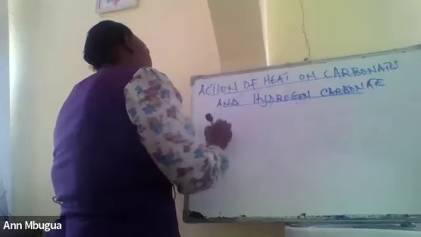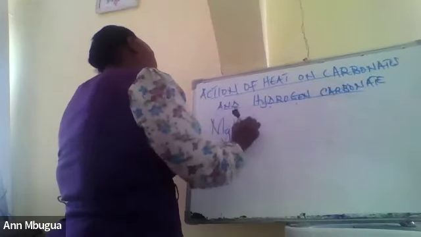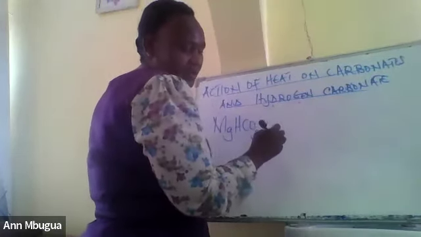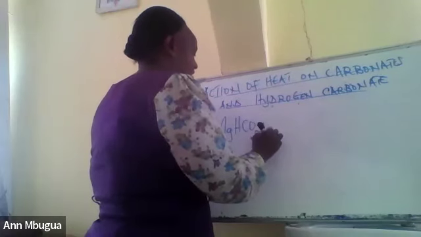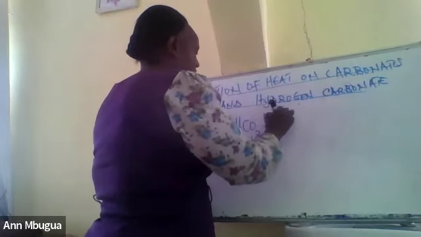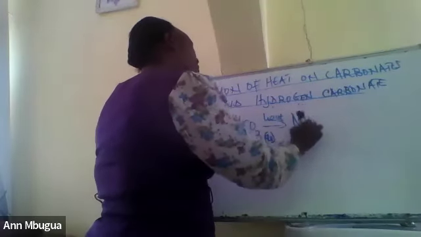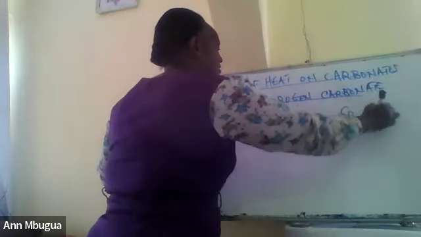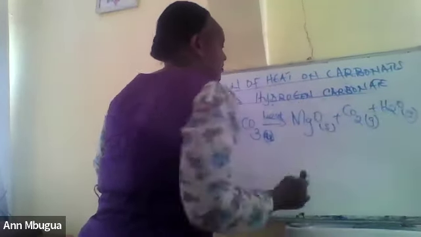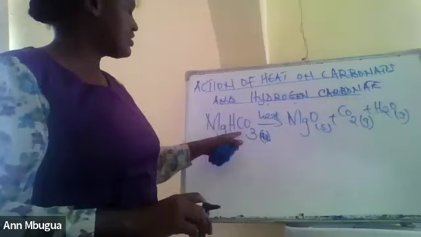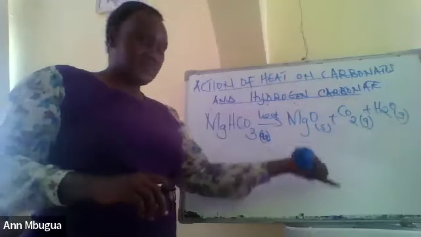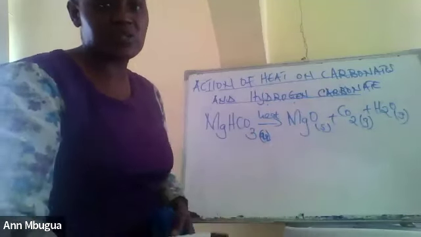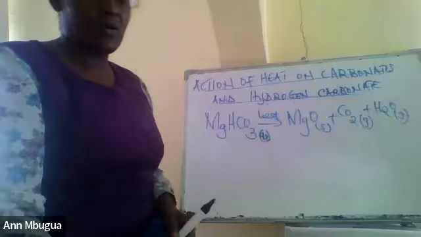So when magnesium hydrogen carbonate in the aqueous form is heated, we will end up with the corresponding metal oxide, the carbon 4 oxide, and the water. Because once this one is converted to the metal carbonate, it's below sodium in the reactivity series. So on further heating, it will be decomposed to the corresponding metal oxide.